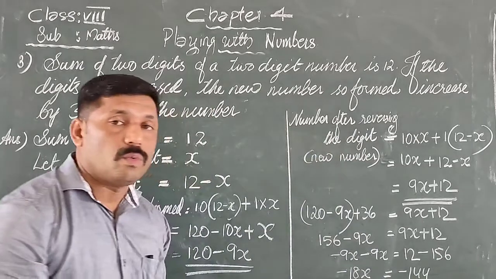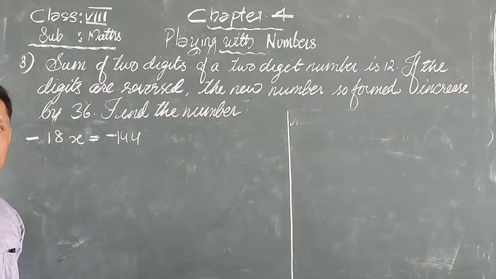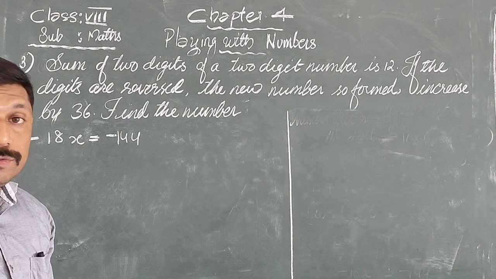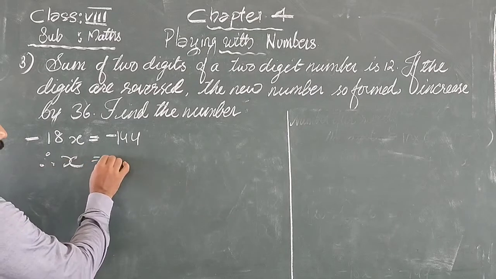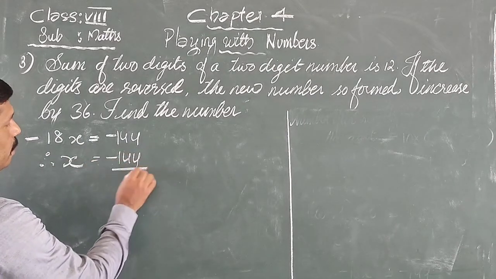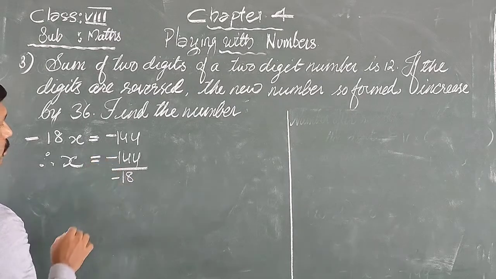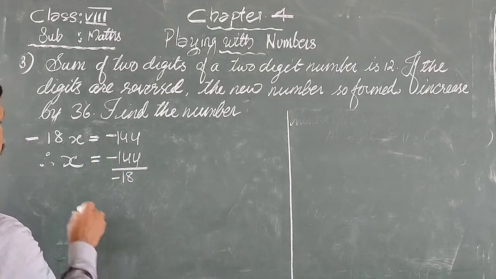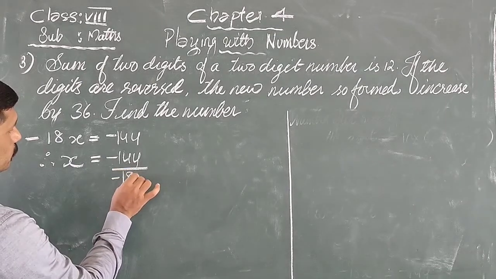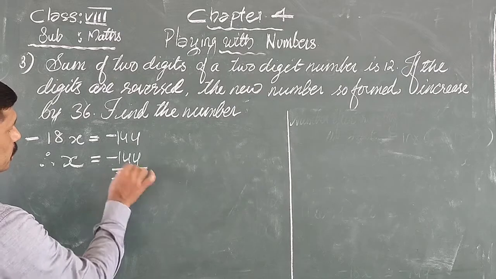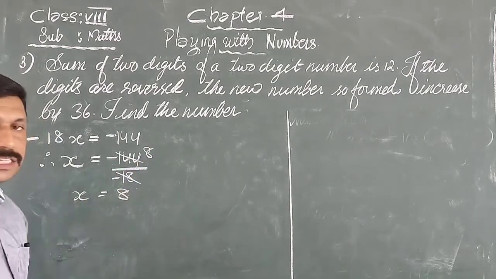Okay, negative 18x is equal to negative 144. Therefore, x is equal to negative 144 divided by negative 18. That is equal to 8, since 8 sixes are 48, 8 times. So x is equal to 8. What does x mean?